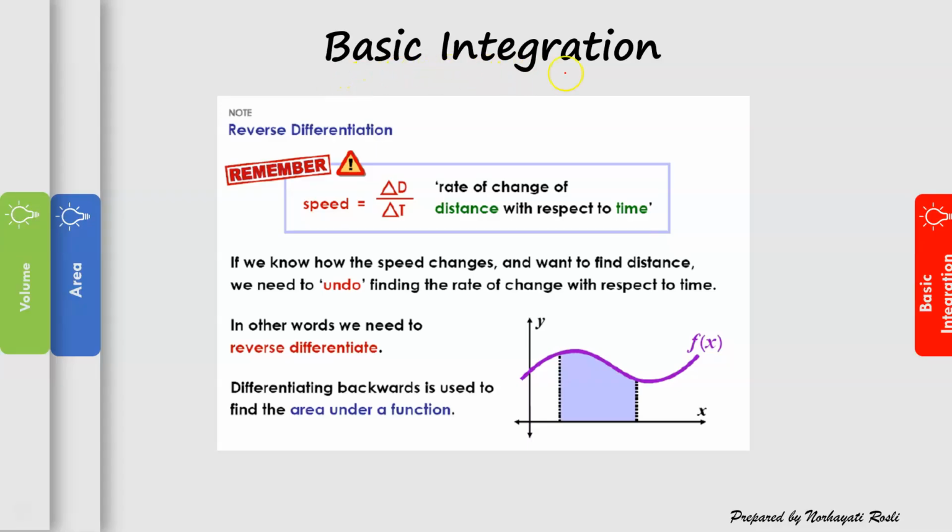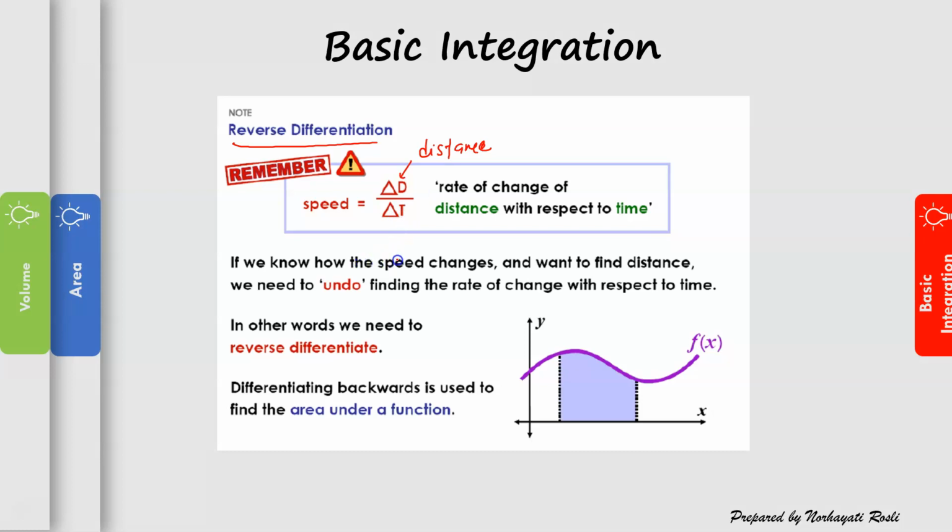First, we go to the basics of integration. Actually, integration is the reverse of differentiation. For example, we have learned before that A is given by delta D, where D is distance, which is the rate of change in distance with respect to time.